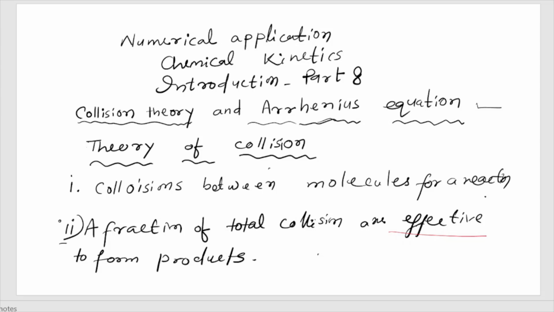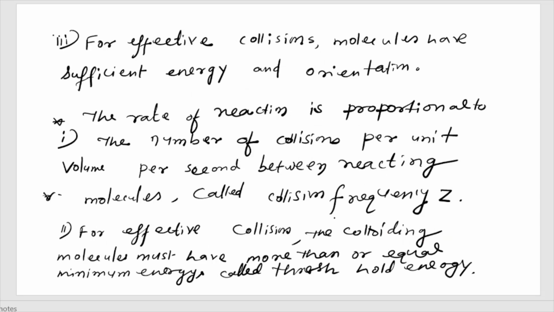But you are not sure that 100% of collisions are important to give product. Only a fraction of the total collisions give product, and that is called effective collision. Let 100% collisions be there, but not all are effective.